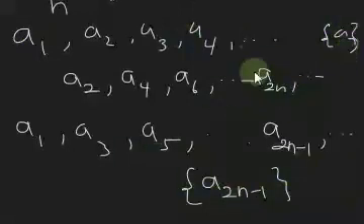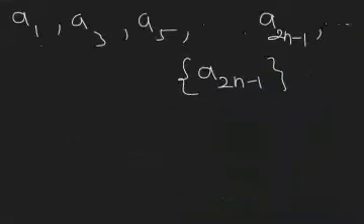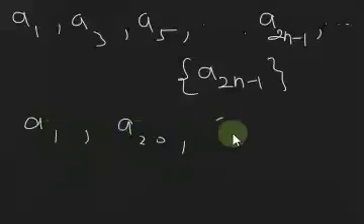And this one is also a subsequence. Or you can write a sub 1, a sub 20, a sub 100, and so on. We don't know the generator, but this is also a subsequence of the original a sub n, right?